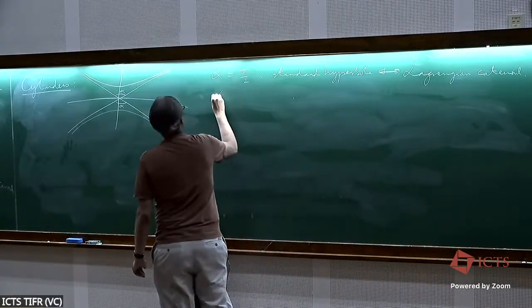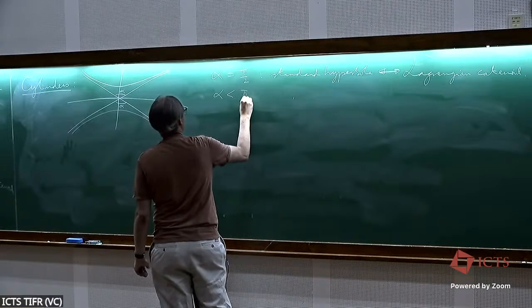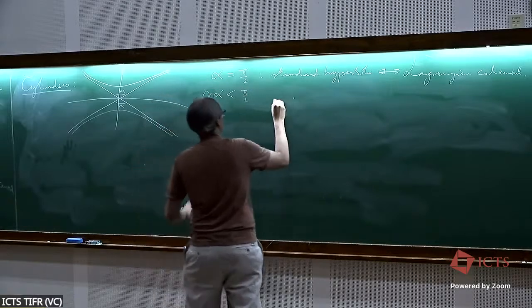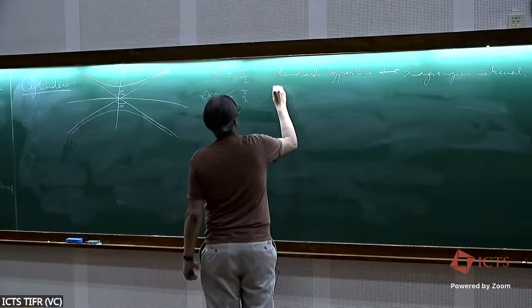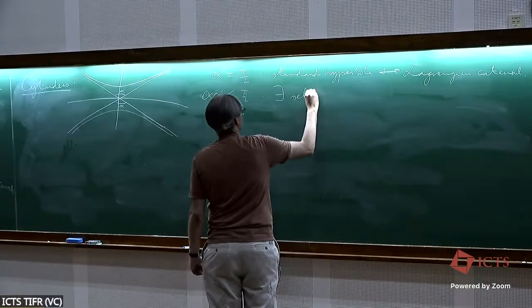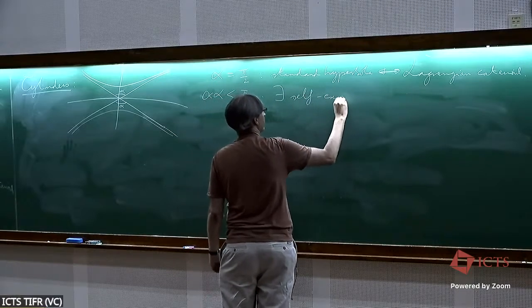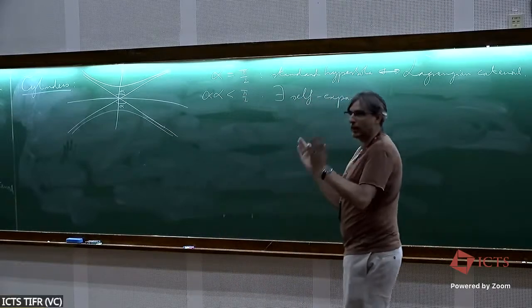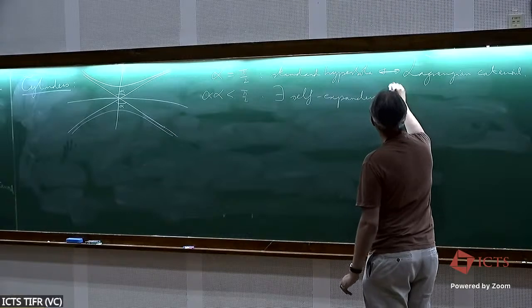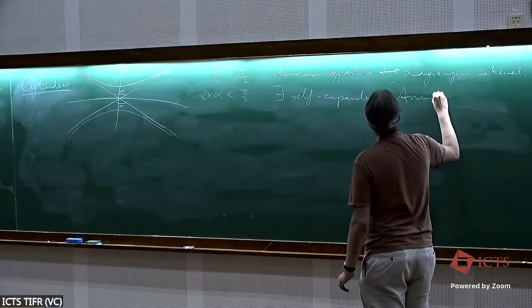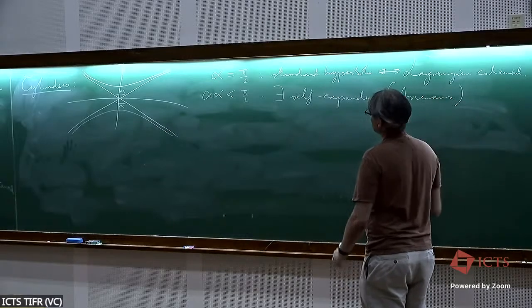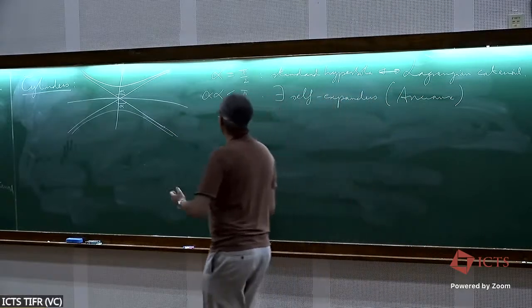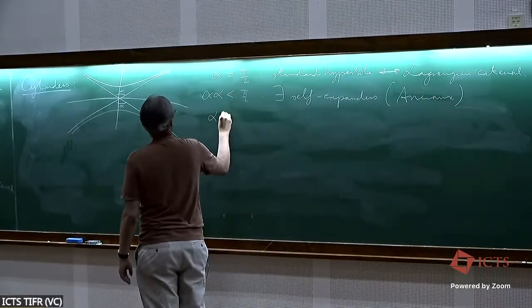If alpha is less than pi by 2, bigger than 0, then there exist self-expanders. I said that was due to Joyce and Schoen, but actually in this equivariant case, that was shown first by Anciaux. So then the question is, what happens if alpha is bigger than pi by 2?